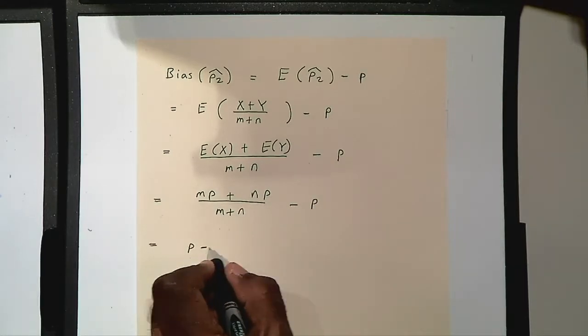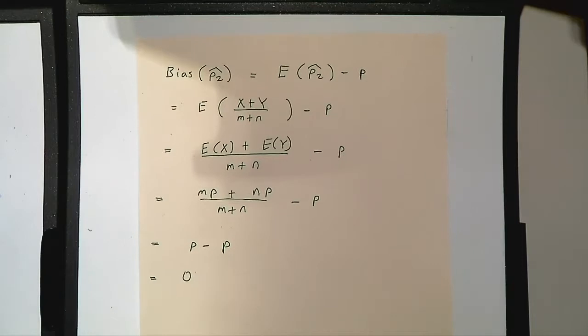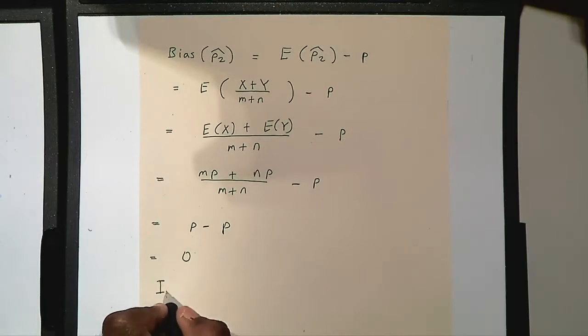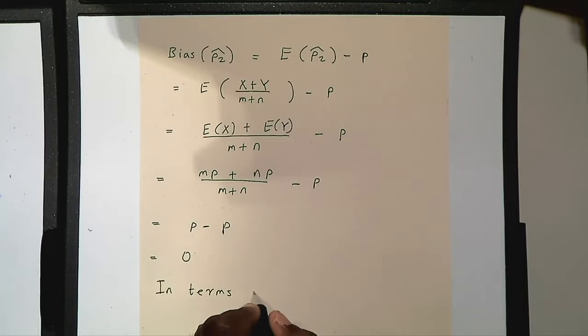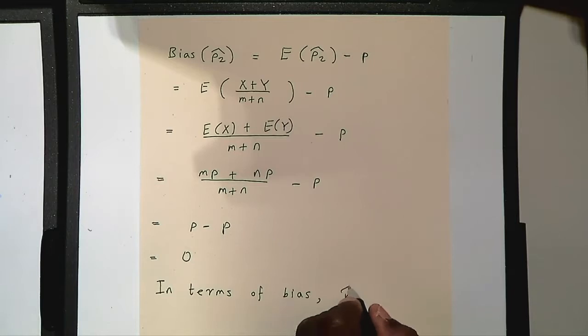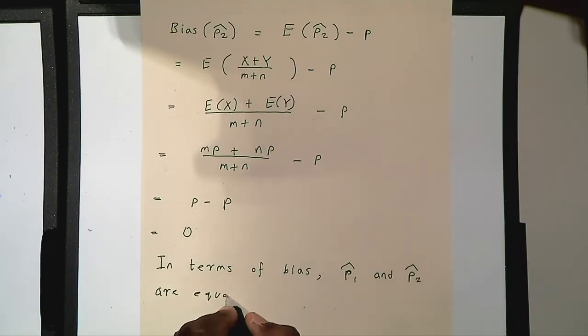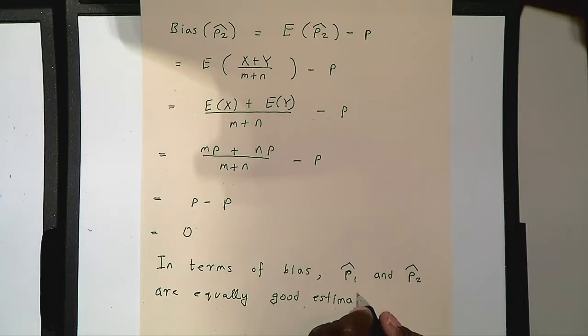So this is p minus p, once again, is 0. So in terms of bias, the conclusion so far is the following: because both estimators have bias equal to 0, which is a good thing, as you know, both estimators are equally good in terms of bias.